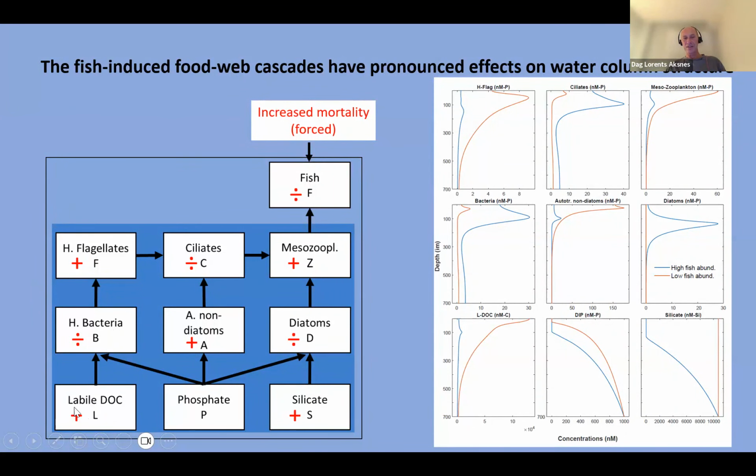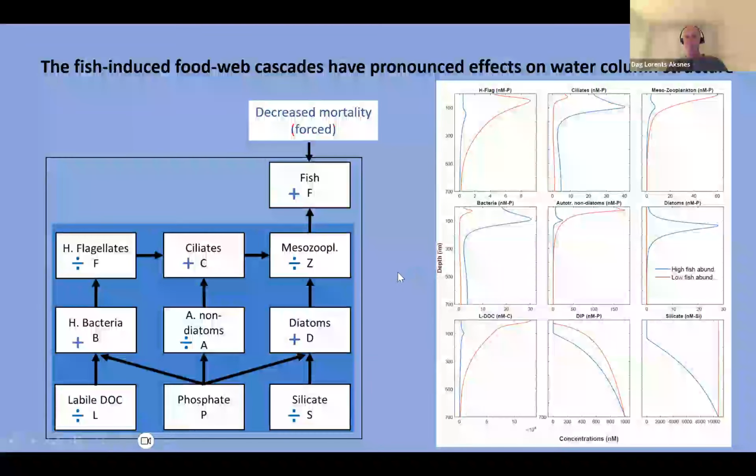If you look at the DOC, for example, it looks more like in the tropical systems, while in the high fish abundance scenario, it looks more like this. So all these state variables changed a lot with the change in the mortality forcing. Also the decreased mortality leads to more fish, less zooplankton, more diatoms.